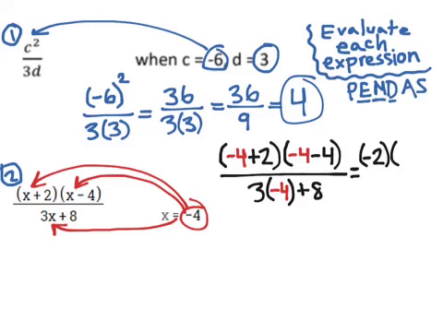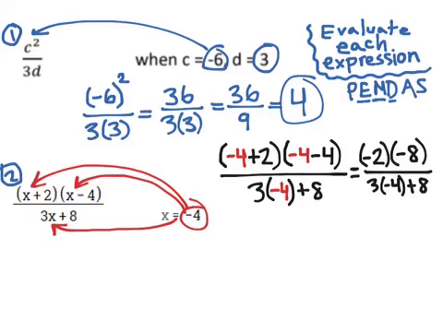And then the parentheses on the right, negative 4 minus 4. If you're already in debt $4, so you owe someone $4 and then you owe them 4 more, you owe them $8. So this will be negative 8. Then divided by 3 times negative 4 plus 8.